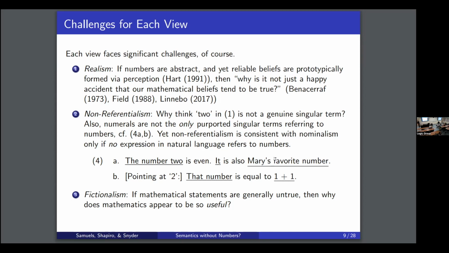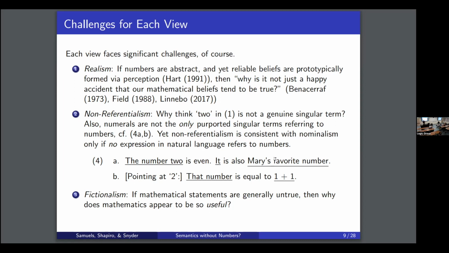The major challenge for non-referentialism, maybe there are a couple. The first is, why think that 2 in the original statement is not a genuine singular term, right? Looks just like Mars. Looks like a name. And seemingly names occurring in argument positions, that is, in positions where they are the arguments of predicates, look like they are referential expressions. Their purpose is to refer.